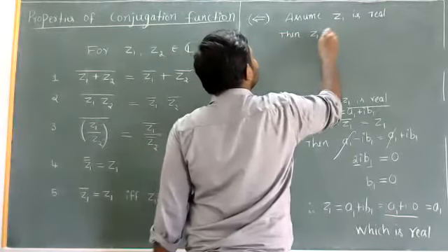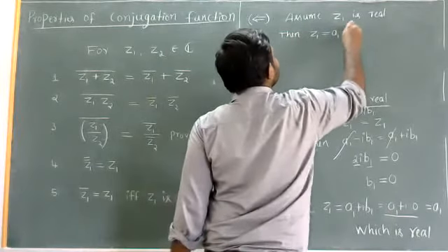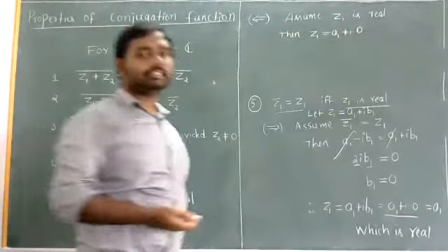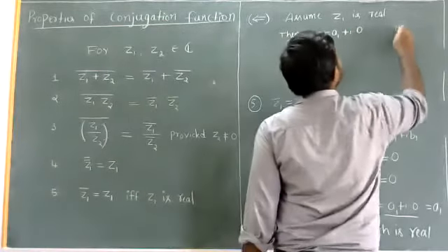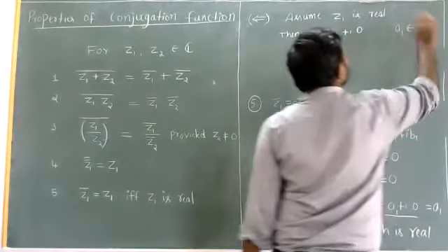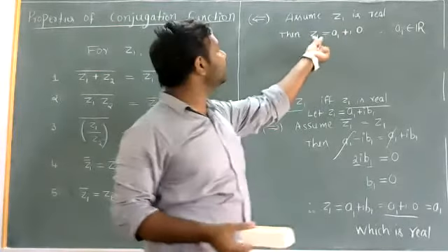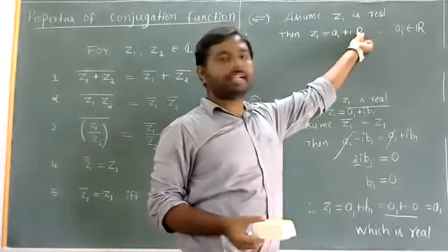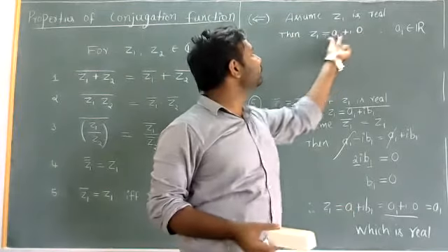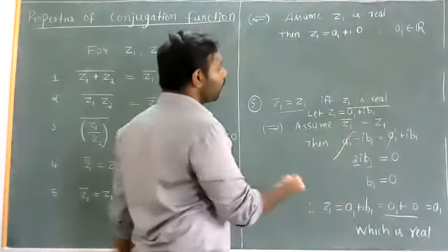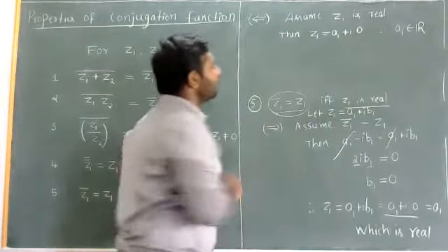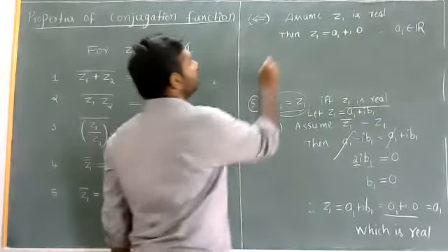Then Z1 will be of the form A1 plus I into 0 for some real number A1. Right? So Z1 is real means it is a complex number with its imaginary part equal to 0. So Z1 will be of this form. Now what we have to prove? Z1 bar is nothing but Z1.